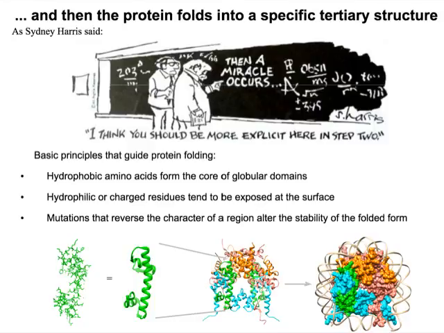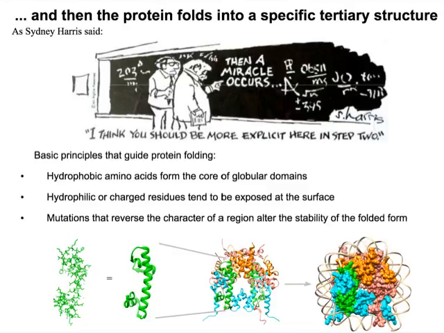But I just wanted you to think a little bit about how hard it is for this linear sequence of amino acids to adopt its appropriate secondary structure. The only principles I want you to have in mind are that, during the folding process, hydrophobic amino acids are going to form the core of a globular domain.